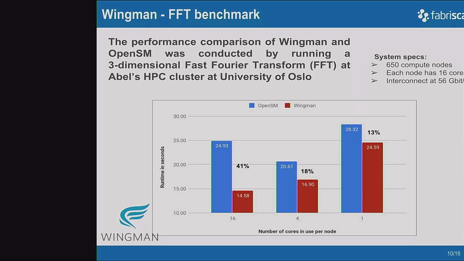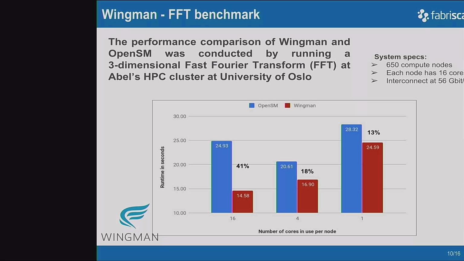So this is a performance comparison done at our home supercomputer at University of Oslo, where one of my colleagues at the mathematics department, he is expert in 3-dimensional fast Fourier transforms, very often used for simulations. And we ran his software on the supercomputer.